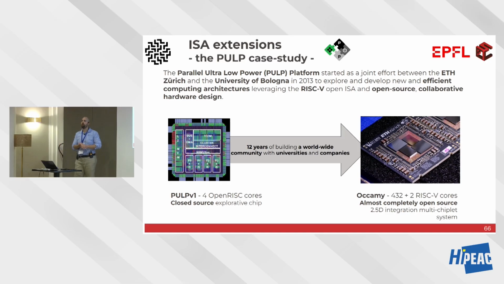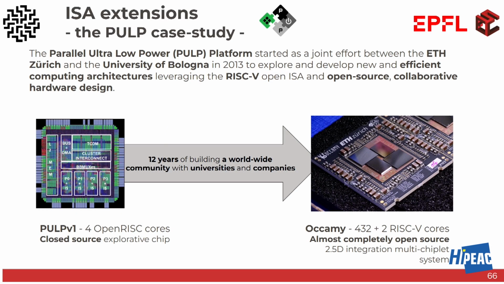So the first example we are talking about today is the custom PULP extensions. Most likely you talked with the guys at the end of this room who are from the PULP group on the Bologna side. But basically PULP is a project that was born 12 years ago between two universities, University of Bologna and ETH Zurich.